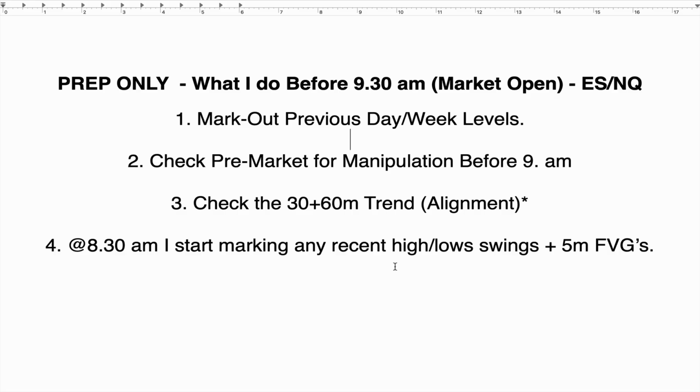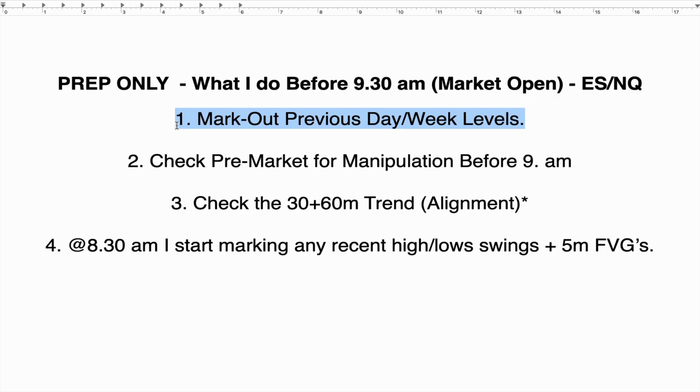So typically I trade New York AM sessions, which starts at 9:30 when the market opens. I normally go to my charts around 8 a.m. So the very first thing that I do is I mark out all the previous day's high, low, and midpoint.